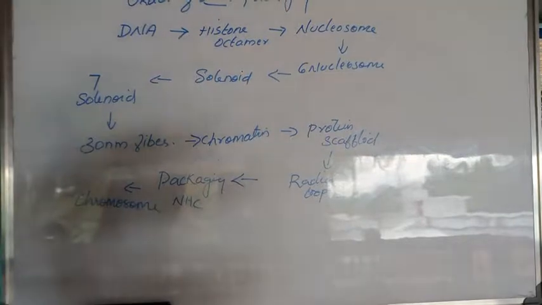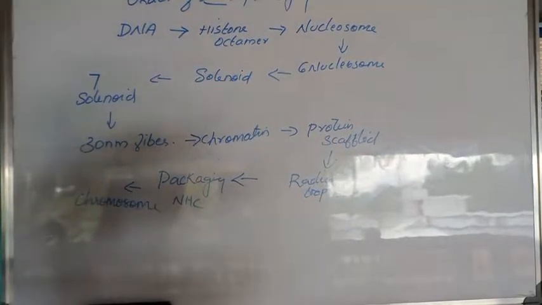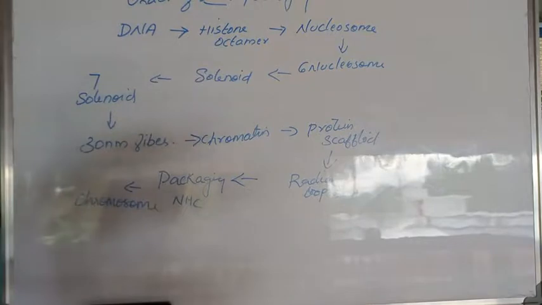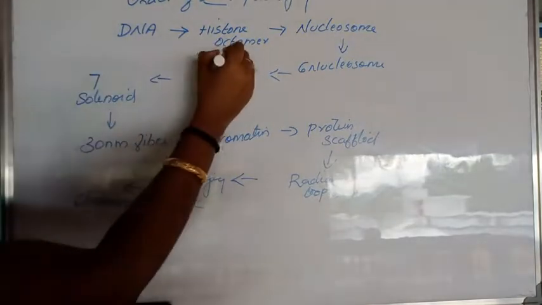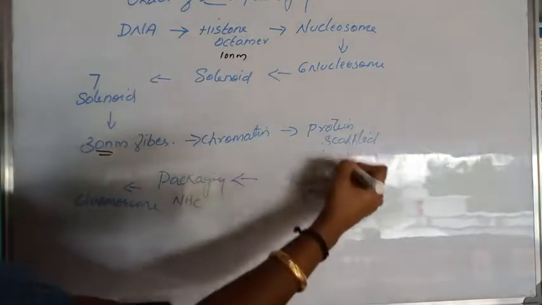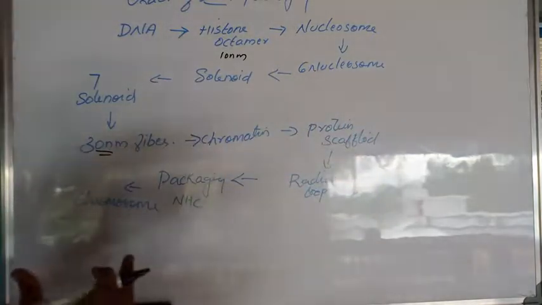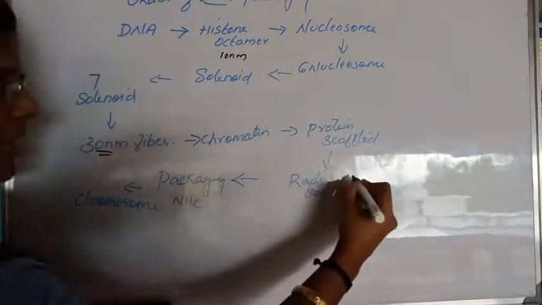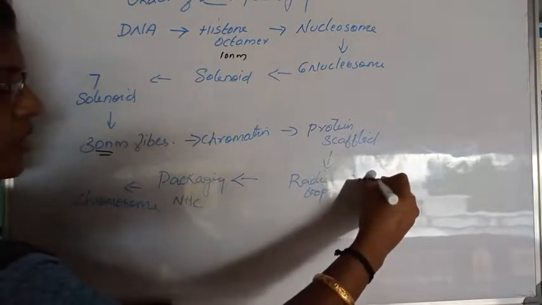So the thickness goes from 10 nanometer in the nucleosome, to 30 nanometer, and after the scaffolding of the proteins it becomes the radial loop, which is 70 nanometer thick.